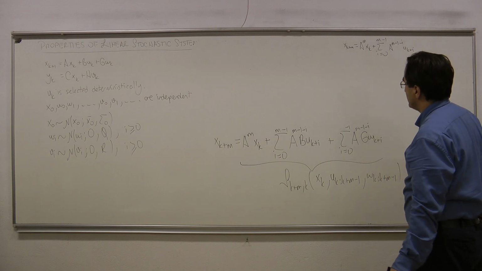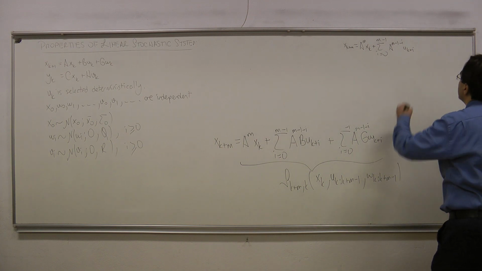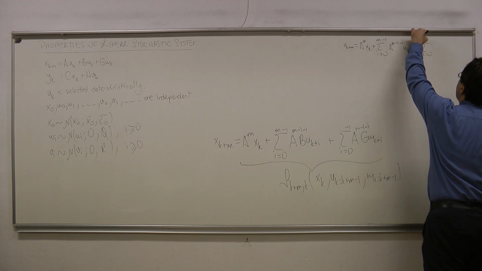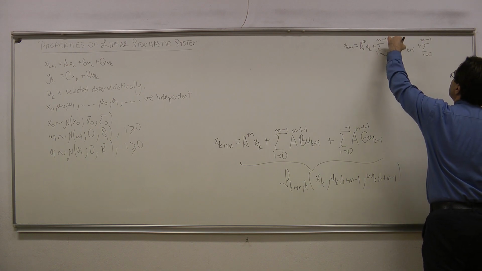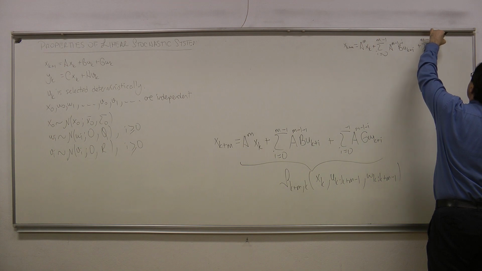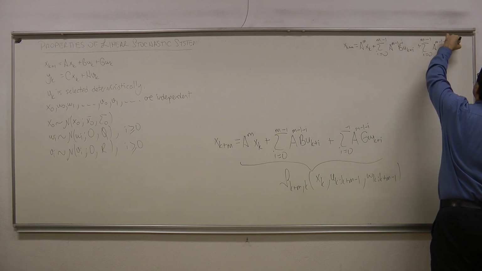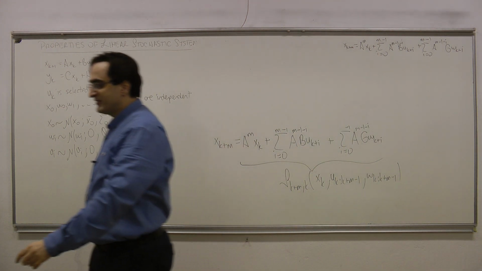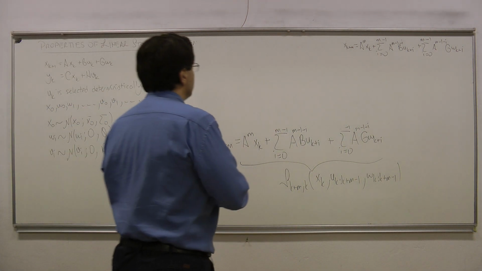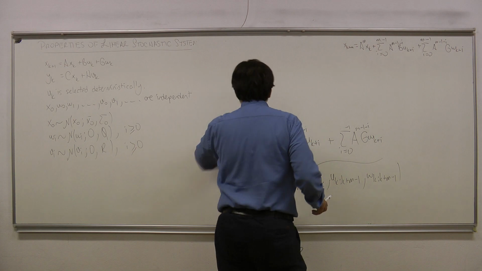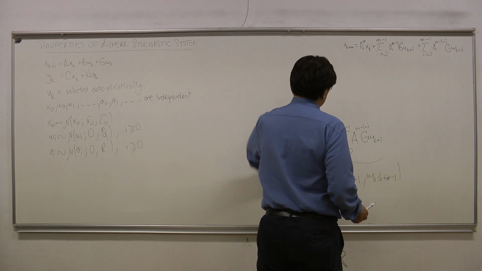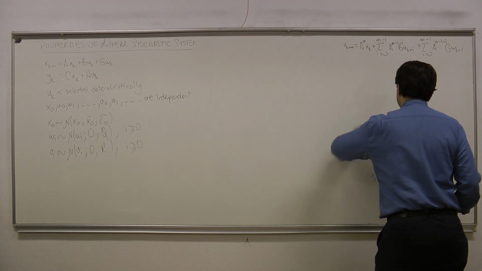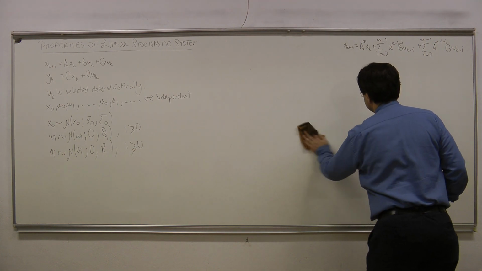Plus the sum over i from 0 to m minus 1 of A to the m minus 1 minus i G w_{k+i}. Okay? So this is our m-step transition function. And now we can utilize that formula in order to obtain the transition PDFs.